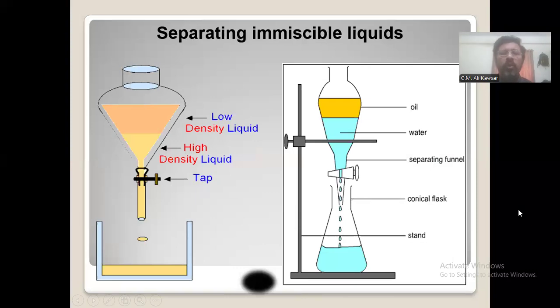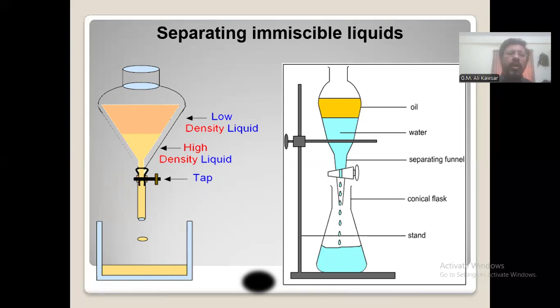Well, sometimes a mixture contains substances of two different components of two different densities. For example, oil and water, they have completely different density, and sometimes their colors are also different. So here, they can be understandable by their colors. So we can use a separating funnel to separate them.